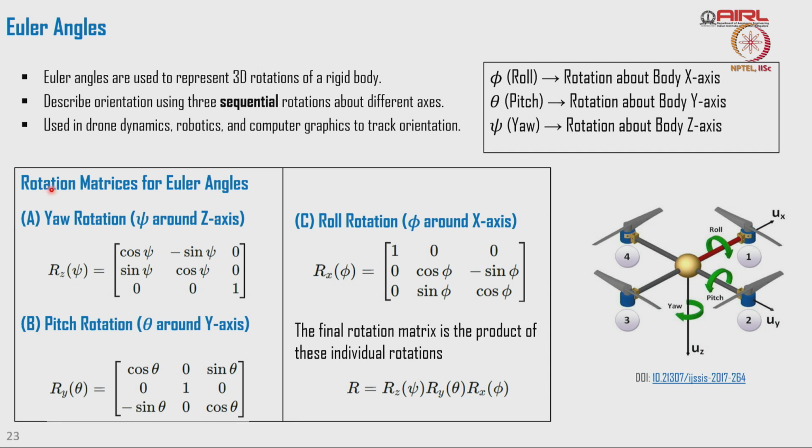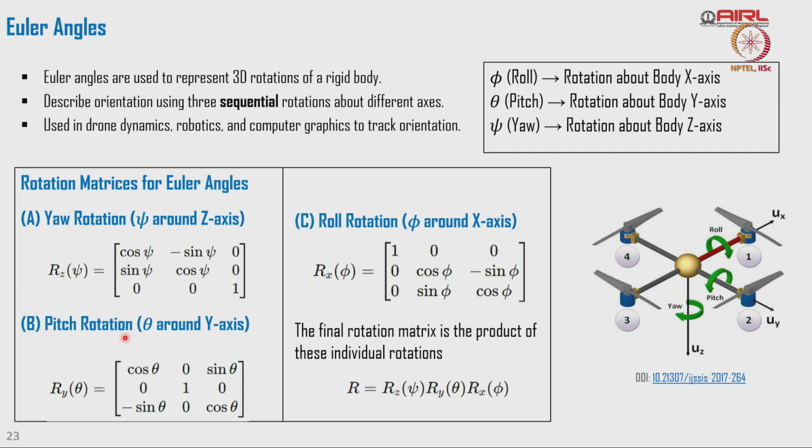So if I do a 3D rotation, the yaw rotation, Rz is rotation about z axis, and the angle is psi. If I derive it, it is cosine, minus sine, because only x and y undergo change where z remains constant. So the 0 0 and 1 and 0 0, z doesn't affect.